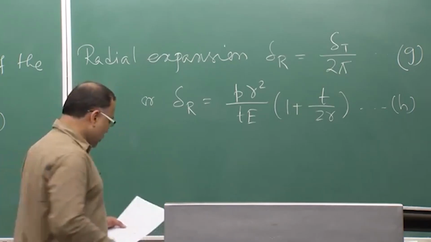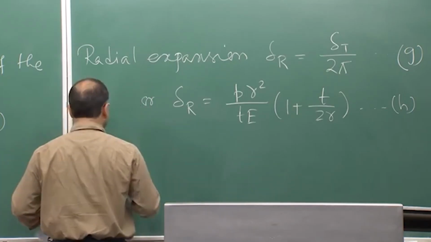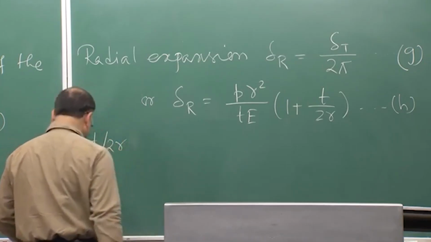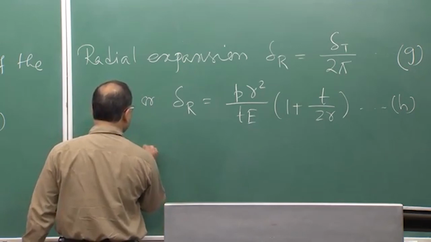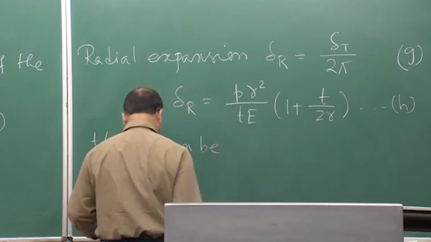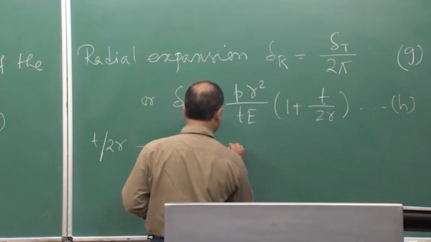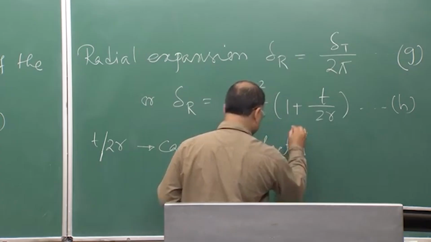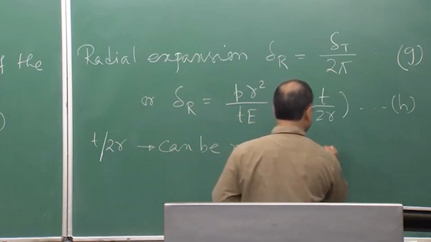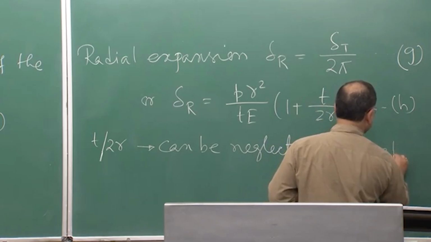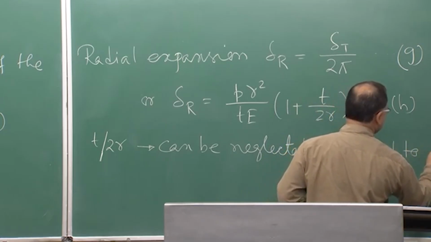So, for a thin walled pressure vessel, T by twice r can be neglected compared to 1.